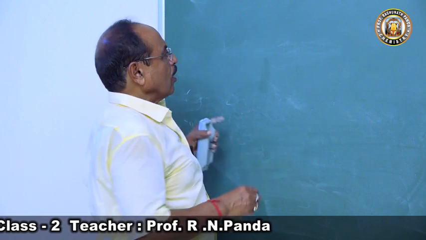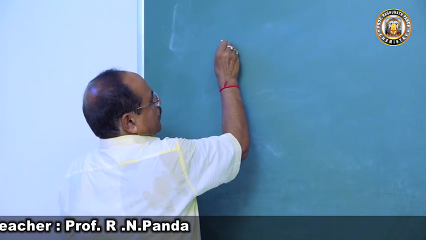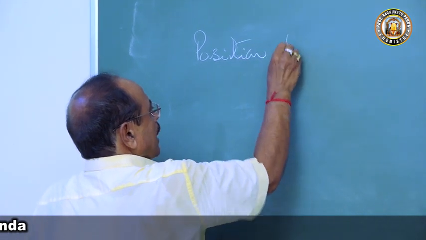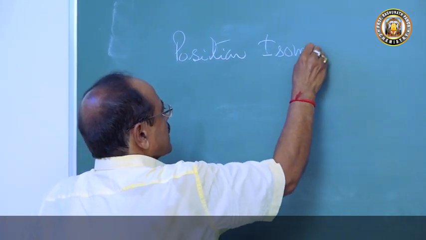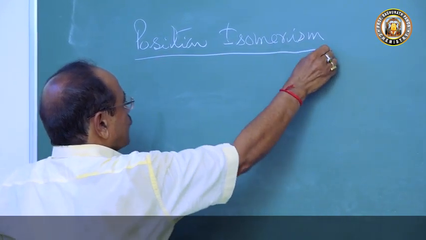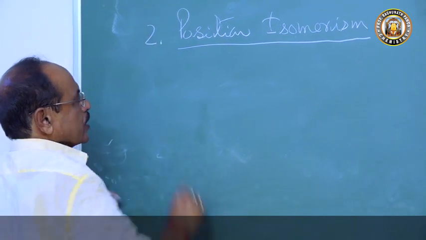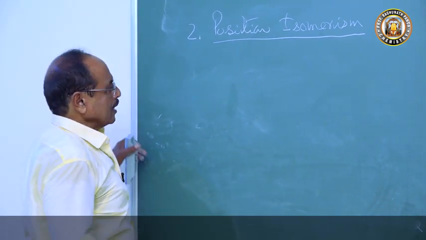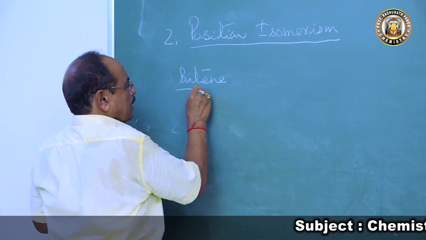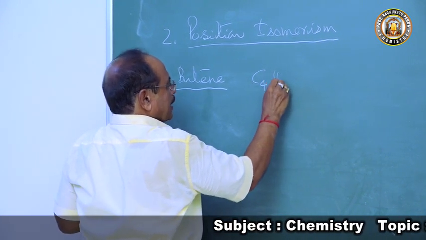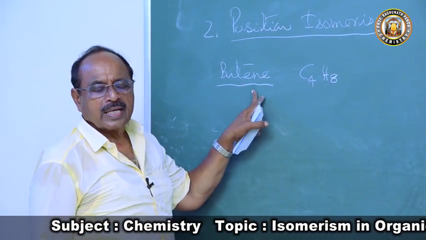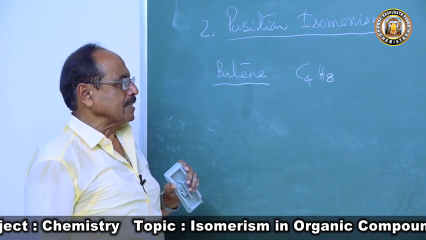We are discussing position isomerism: the compounds having the same molecular formula but different structure due to different position of the functional group or unsaturation on the same carbon-carbon chain. So let's take the example of butene, C4H8, because alkenes have the molecular formula CnH2n, so C4H8.